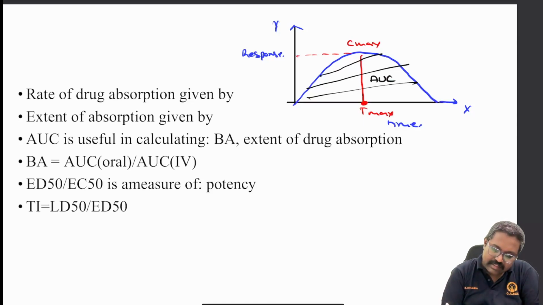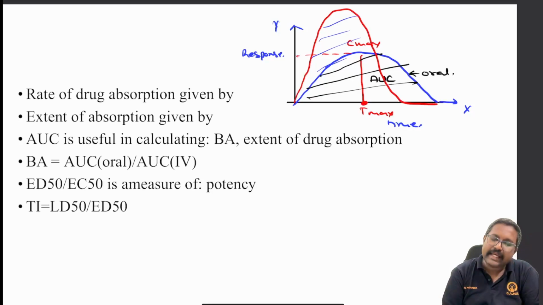Let's say this is the curve for the oral route. There can be a curve which can exist for the intravenous route also, and they may differ with respect to the area under the curve. So this is the area under the curve. What they are asking is the extent of absorption.